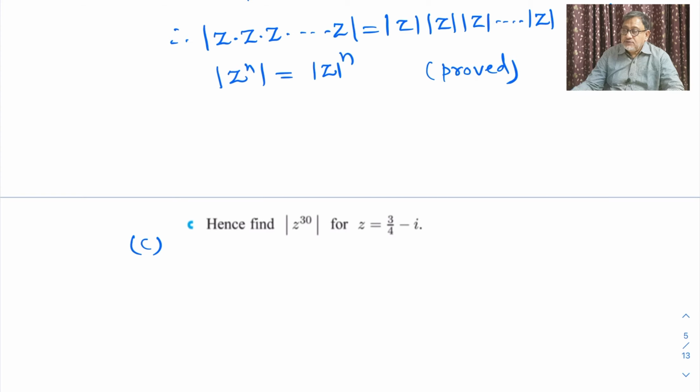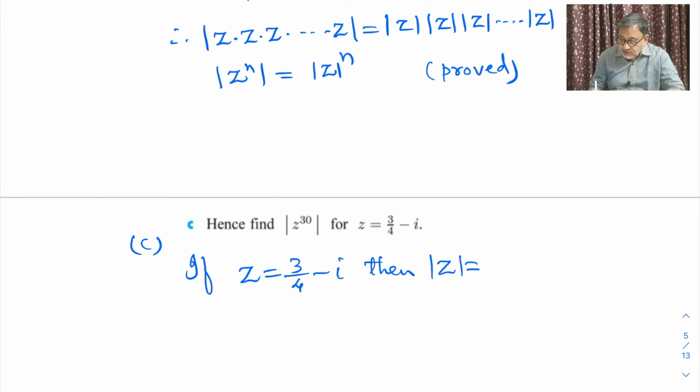So we have to prove that if z is equal to 3 by 4 minus i, then the modulus of z will be the square root of 3 by 4 square plus minus 1 square.